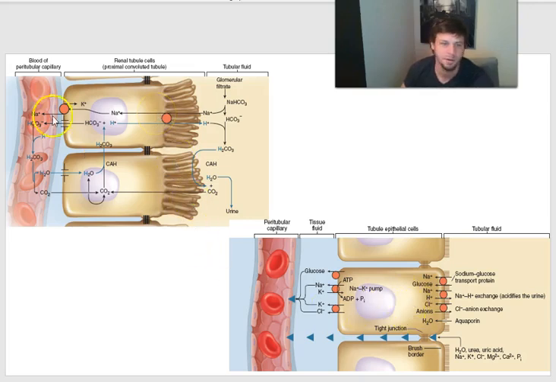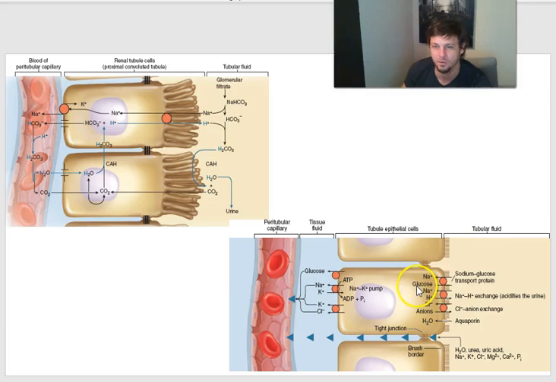Down here, you also bring in bicarbonates. Down here, we also have an anion exchanger going on, where we can exchange chloride ions with your anions, and then we can bring in sodium too, so it can get exchanged with chloride transport.